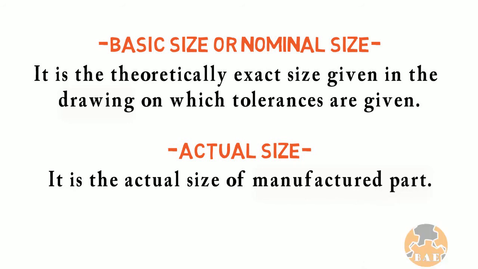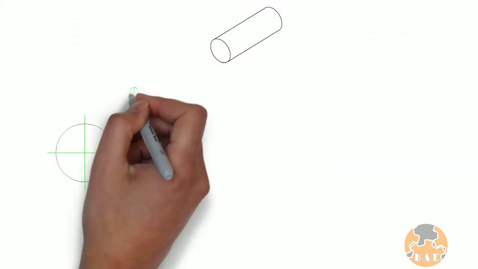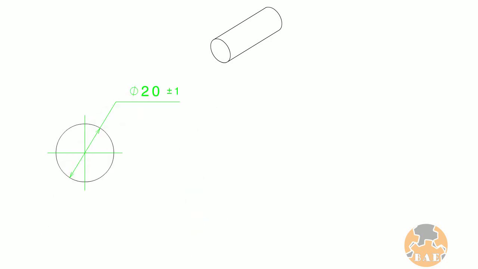Here don't get confused between nominal size and actual size. Nominal size is the size which is given in the drawing or design, and actual size is the size of the part after it's manufactured. Consider you have to make a shaft having a diameter 20 mm plus or minus 1 mm.